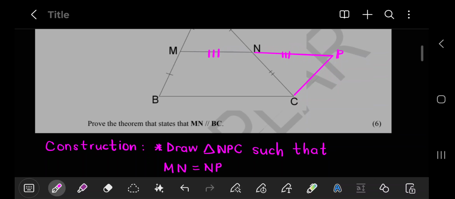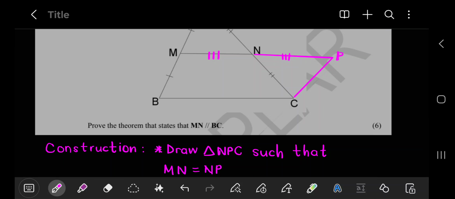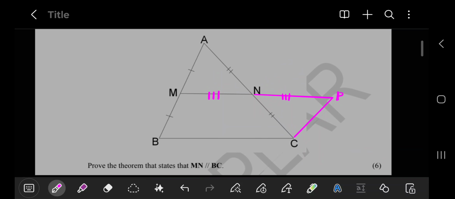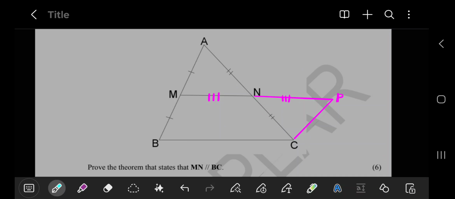Okay, we drew the triangle in such a way that this line MN is equal to NP. Next, here is our aim. We need to prove that this new triangle that we've drawn is congruent to triangle AMN.